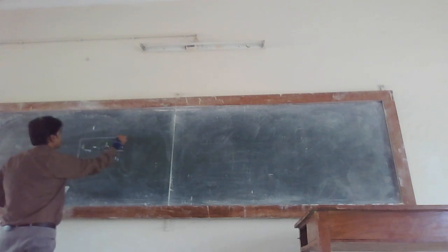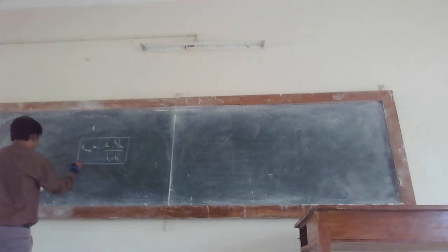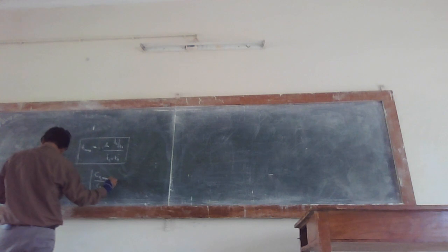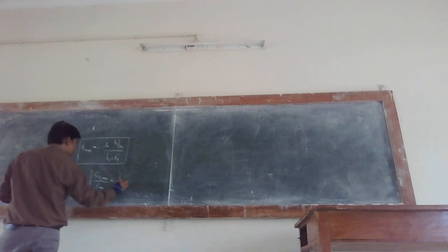This is one expression for series reaction. And one more expression is C R max by C A naught is equal to (K1 by K2) whole power K2 by (K2 minus K1).